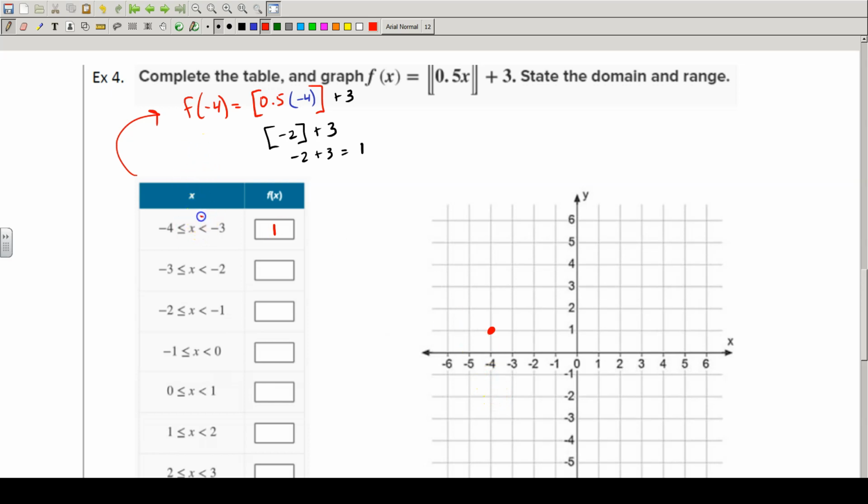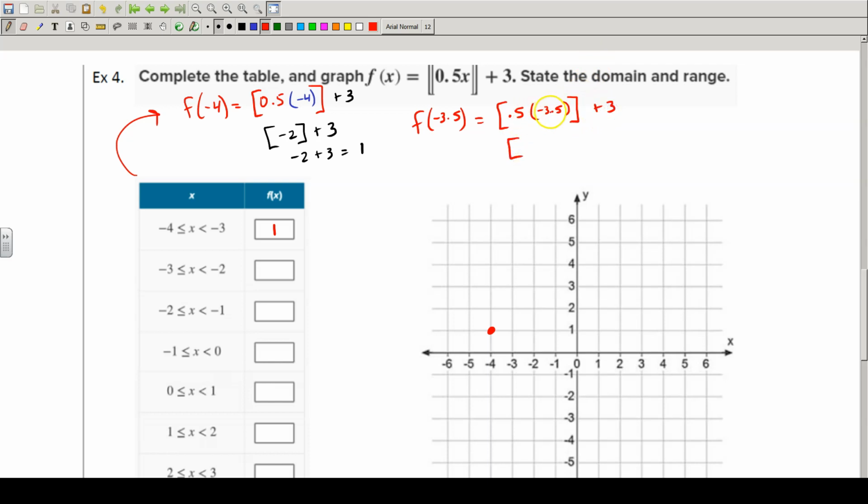So also we're assuming that any value in this interval is going to be the same. So if I chose x equals -3.5, which would also be in this interval, what if I took f of -3.5 and I plug that in? Well, then I would have the greatest integer, or if we round down there, of 0.5 times -3.5, and then plus 3.